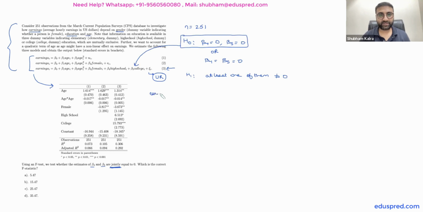In the unrestricted model, if I put the restrictions, then instead of beta 4 and beta 5, I'm going to put 0.